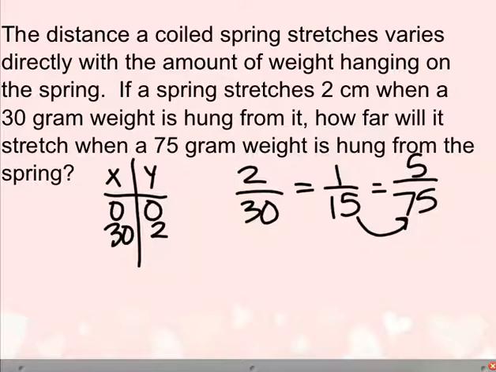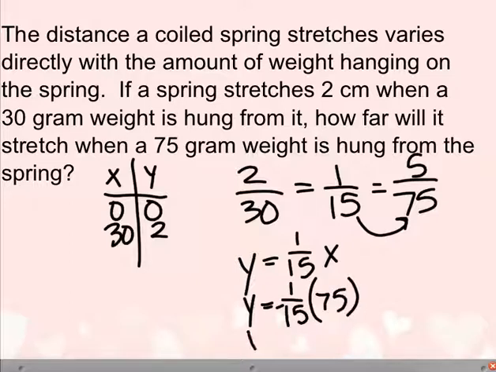Or we could even set up an equation and say y equals 1/15 x. And for every amount of weight, in this case 75, we multiply by 75. And we see that y is equal to 5 centimeters. That's how much it's going to stretch.